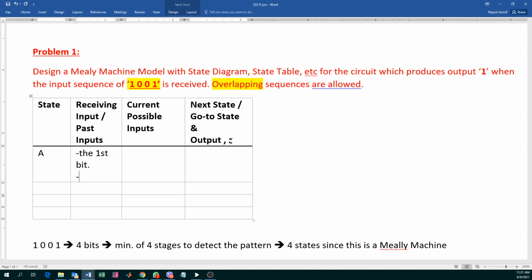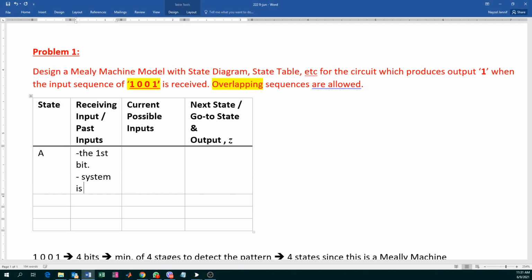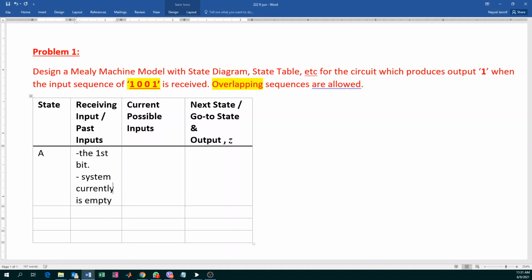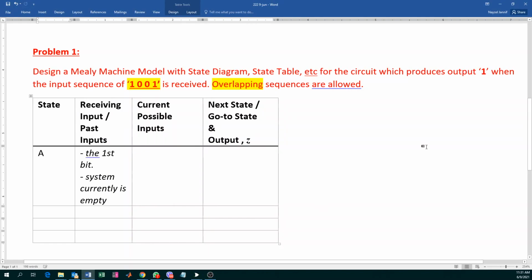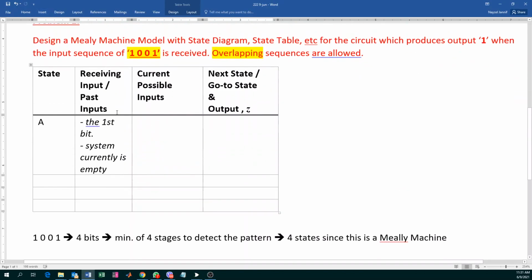We can say that the system is currently empty. No stream of bits has been entered so far. These are some notes which I've written on the sideline over here. The system is empty. Let me make this larger. I wanted to use this particular gap over here to insert a particular diagram.